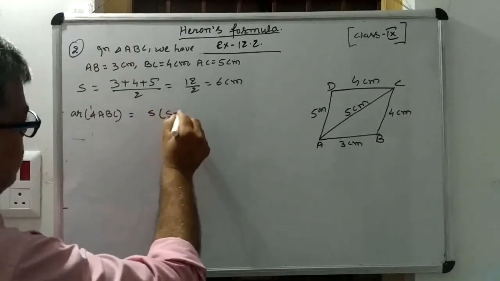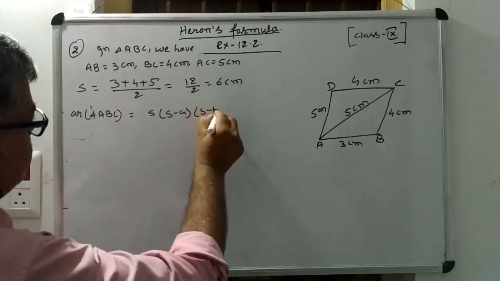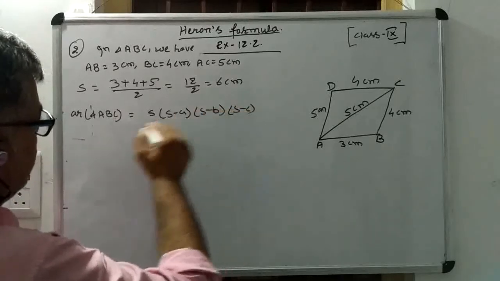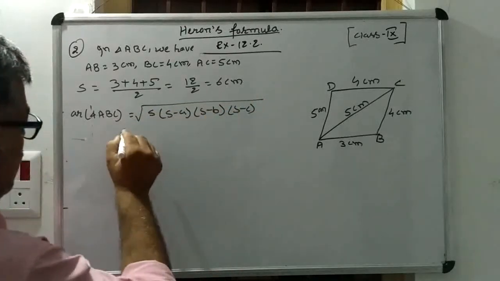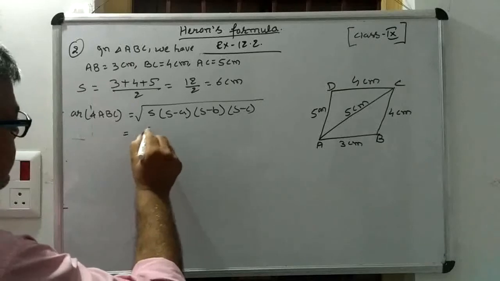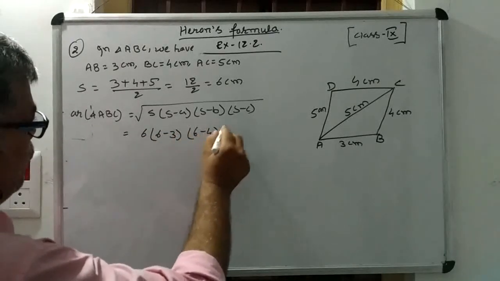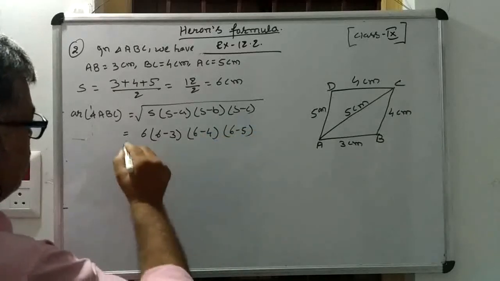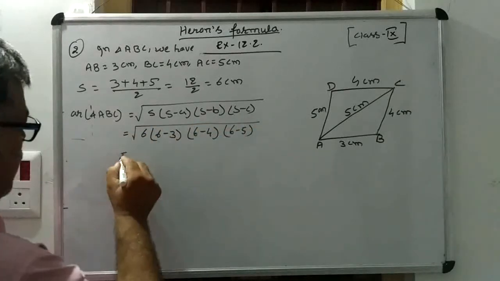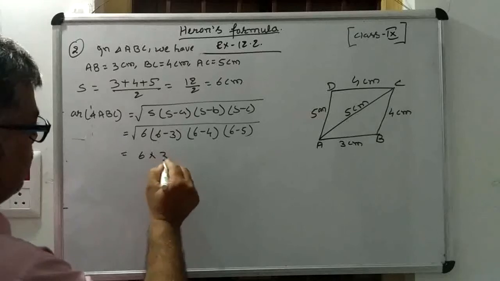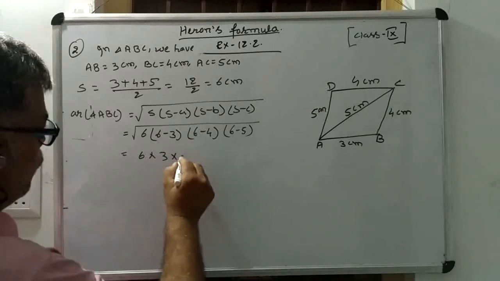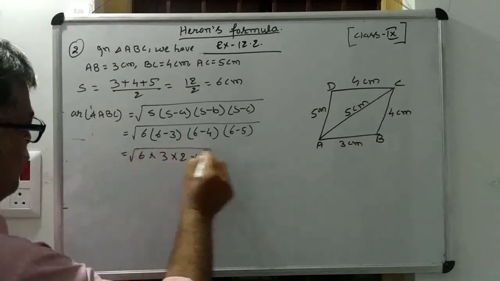Now you calculate the area of triangle ABC by applying Heron's formula: square root of S into S minus A into S minus B into S minus C. S is 6, so 6 into 6 minus 3 into 6 minus 4 into 6 minus 5 under root. Now we have 6 into 3 into 2 into 1 under root.